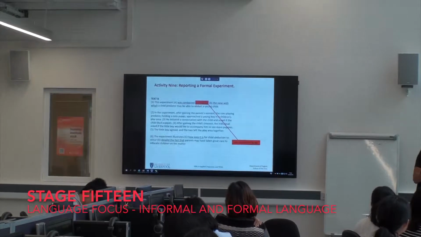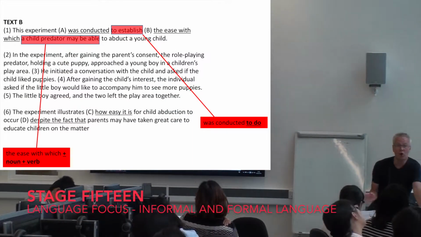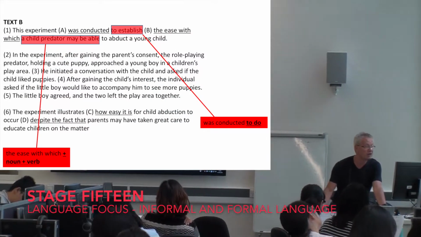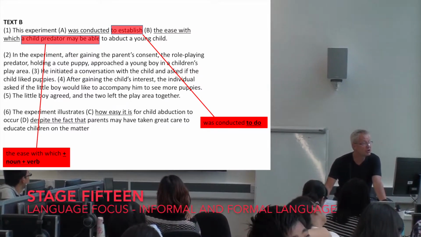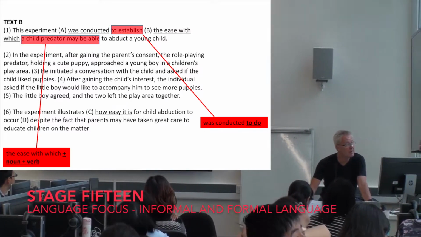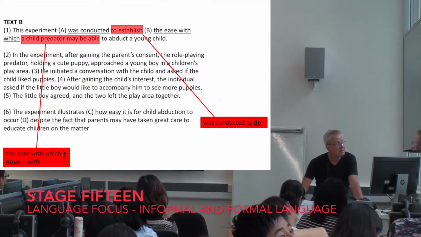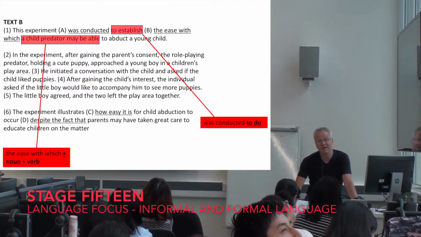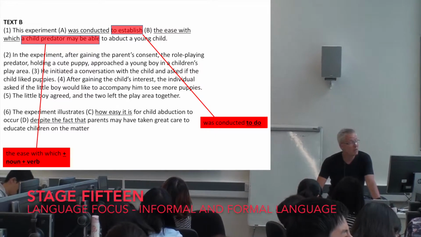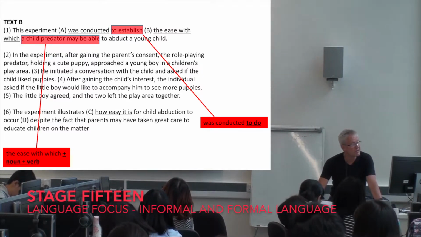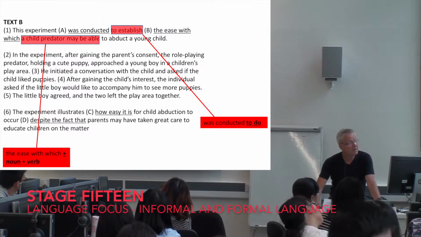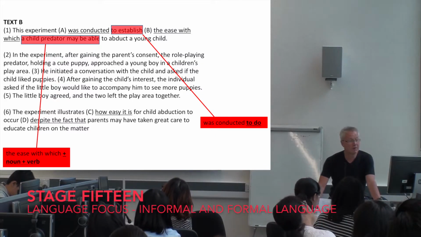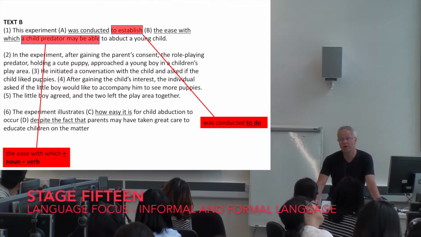So that's what it means, but here, more formal, the ease with which. So the grammar is the ease with which, and what's the pattern here? The ease with which plus, what? Yeah, but what's this part of the clause? The subject, plus verb. Okay, so the ease with which plus noun plus verb.